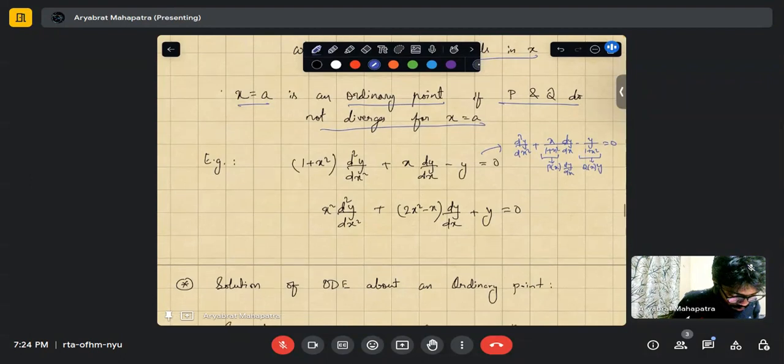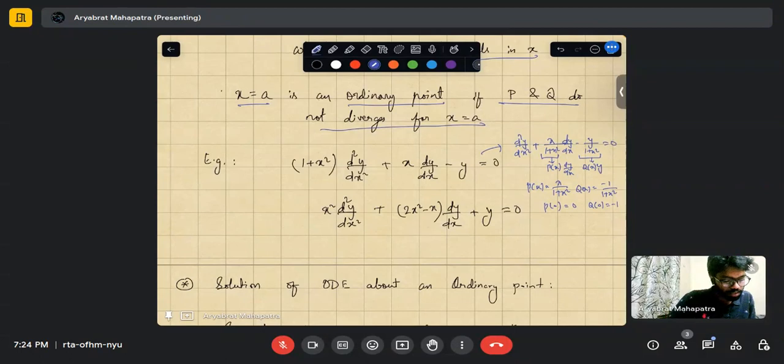So your p of x is x by 1 plus x squared, and q of x is minus 1 by 1 plus x squared. You will see that at x equals to 0, this is 0, and this is minus 1. So at x equals to 0, we can say that this is a point where your p of x and q of x are behaving analytically.